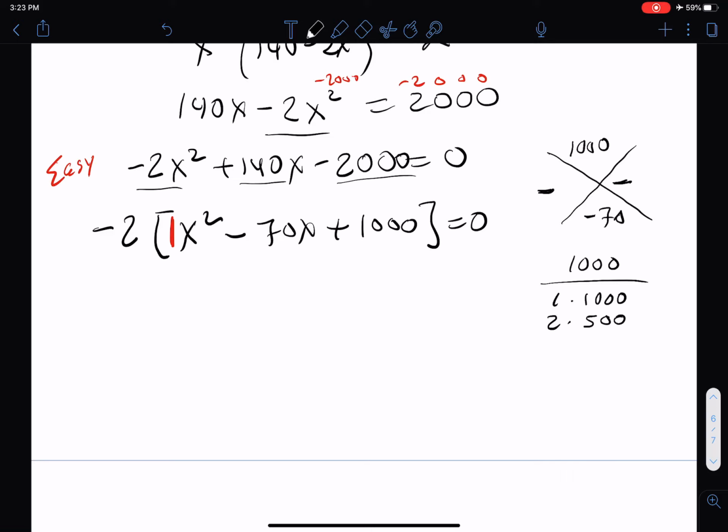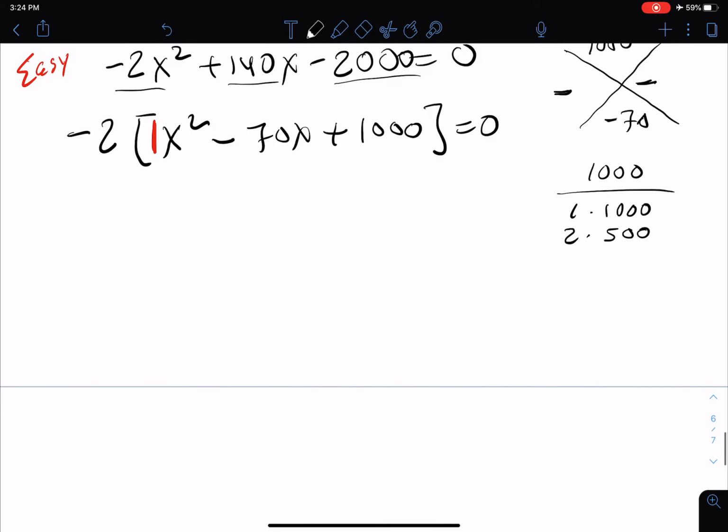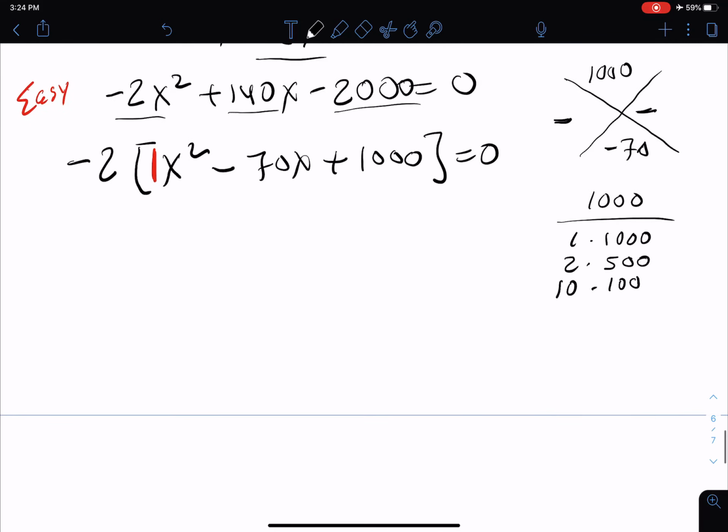So what if we think about the idea that 1,000 is just 10 times 100? And that might get some ideas going. That still's not going to add up to 70. But what if I double this 10 to 20? How about 20 times 50? 20 times 50 is 1,000.